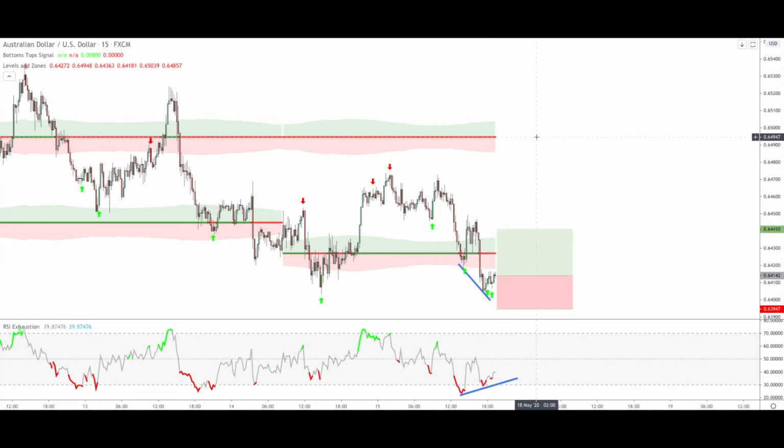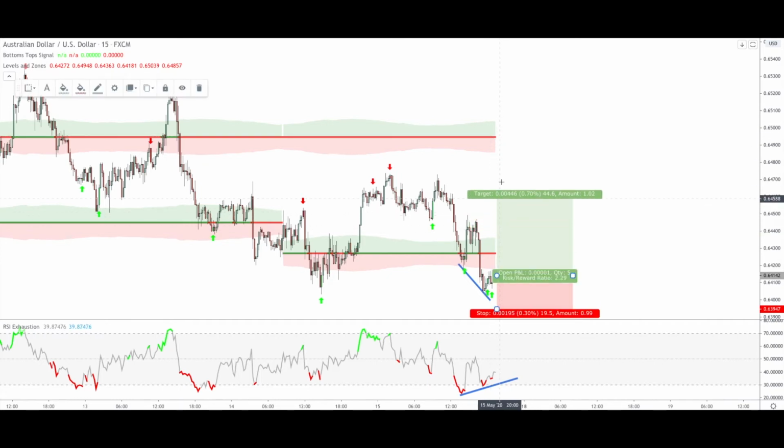I don't know whether it's going past this point. Maybe it's going past this point, maybe it will retest this level here, but essentially this is a very great indication that we have a resistance here. So the maximum target for us should be this level here.